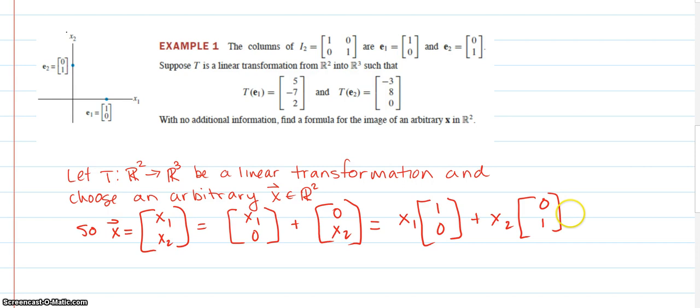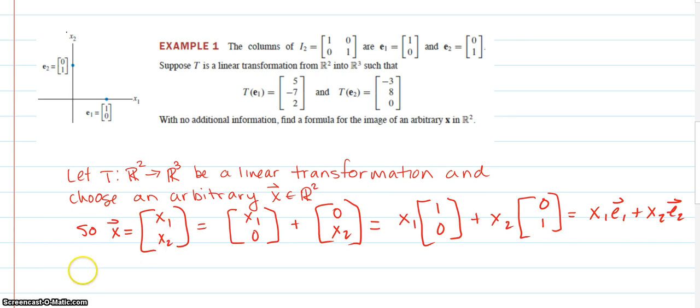So now you can see we just have x1 times e1 plus x2 times e2. x1 and x2 are just entries, they're not vectors.